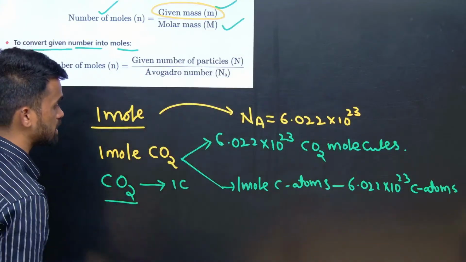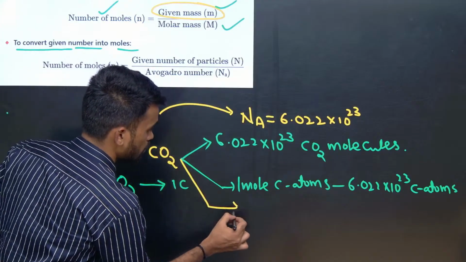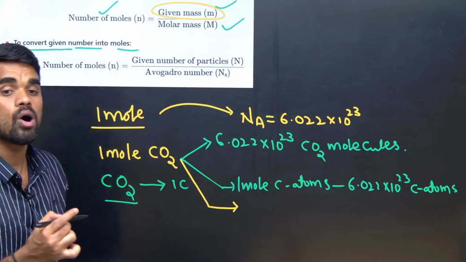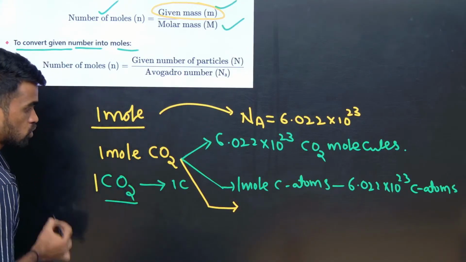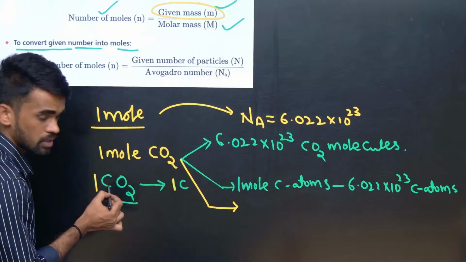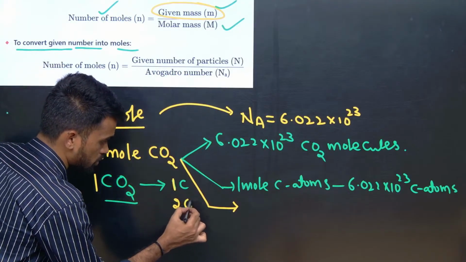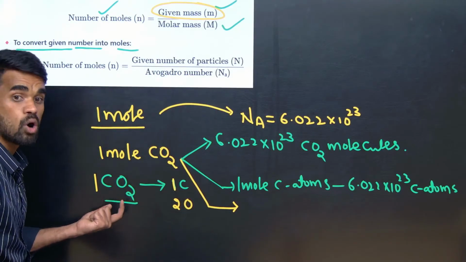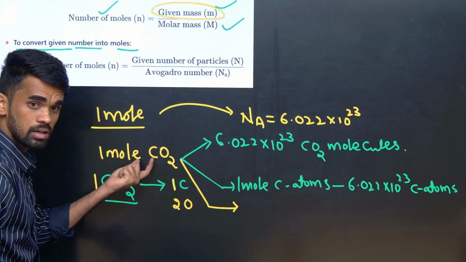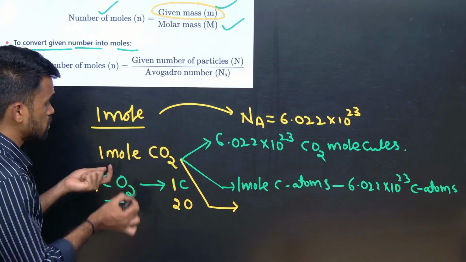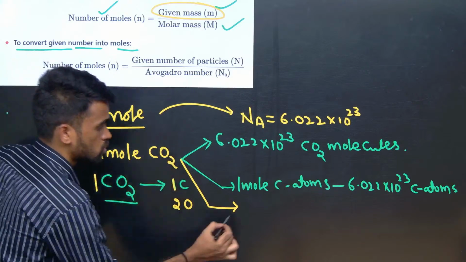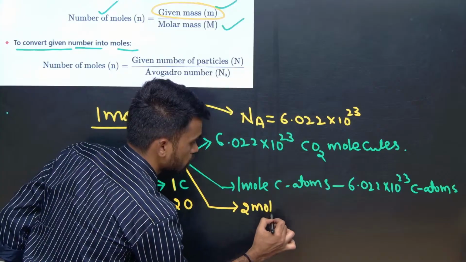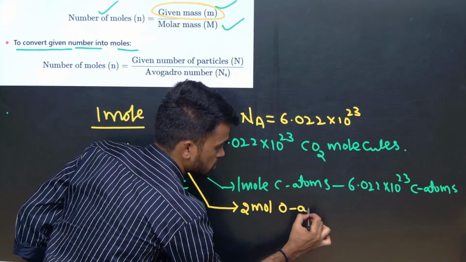And one more thing I wanted to add here. How many moles of oxygen atoms are there here? In 1 molecule of CO2, we have 1 carbon atom and 2 oxygen atoms. If I say 1 mole, in 1 molecule there are 2 oxygen atoms, so in 1 mole there are 2 moles of oxygen atoms.